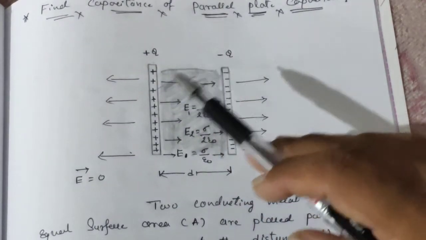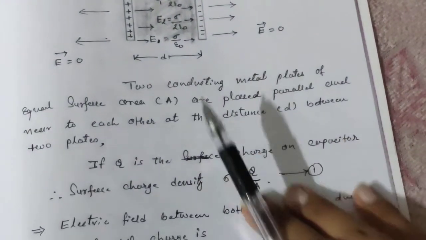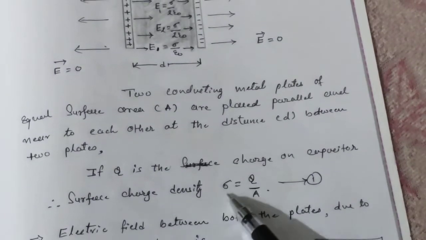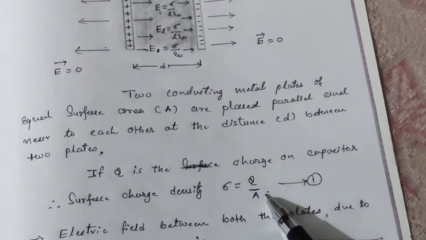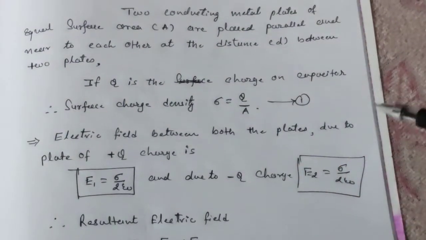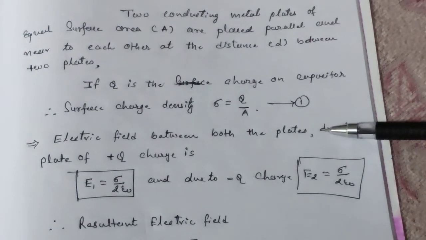Whether it is positive or negative doesn't matter, as we are taking only the magnitude. So if q is the charge on the capacitor, we can easily find the surface charge density, which is sigma equal to q upon A. Call this equation number 1.